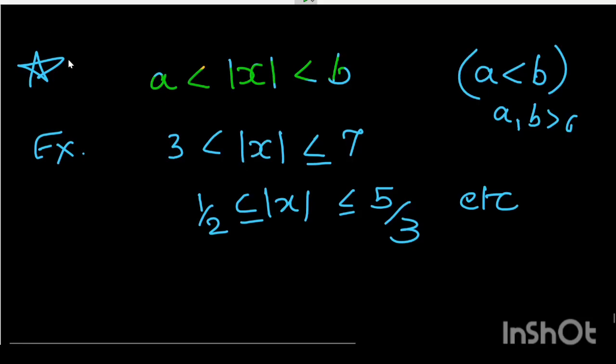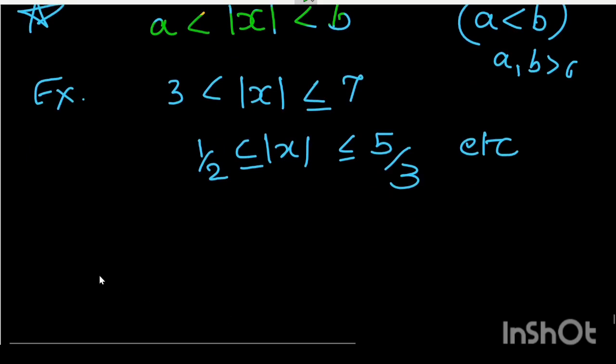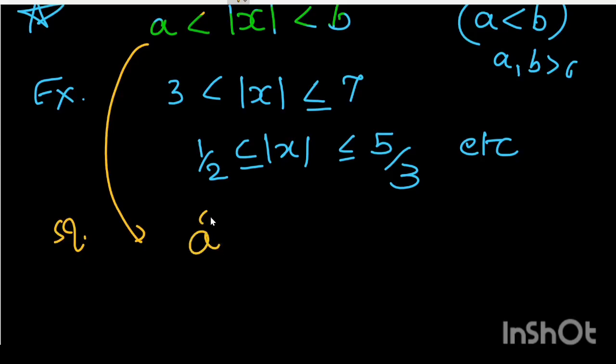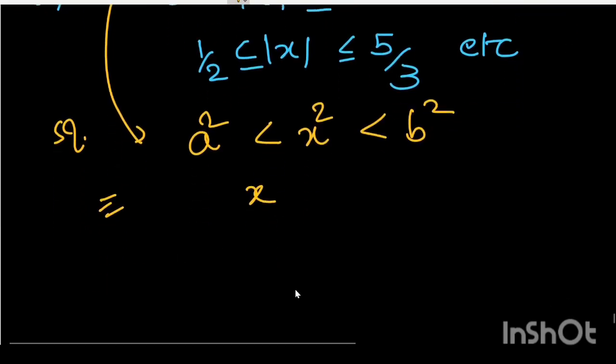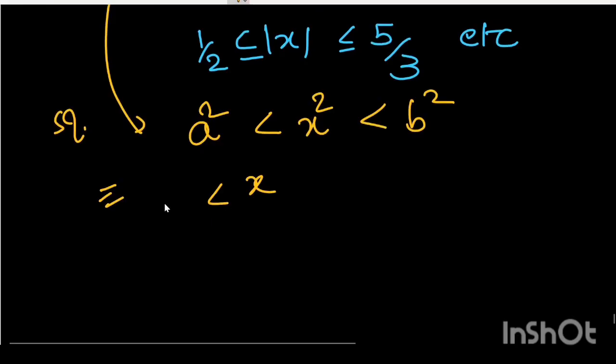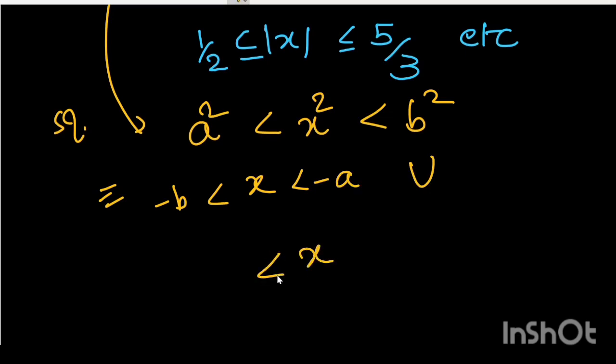So yes, the concept is the same. We can square both sides. If you square both sides, you will get a square less than x square less than b square, and from the inequalities chapter we know that the solution of x square between a square and b square is x from minus b to minus a union x from a to b.